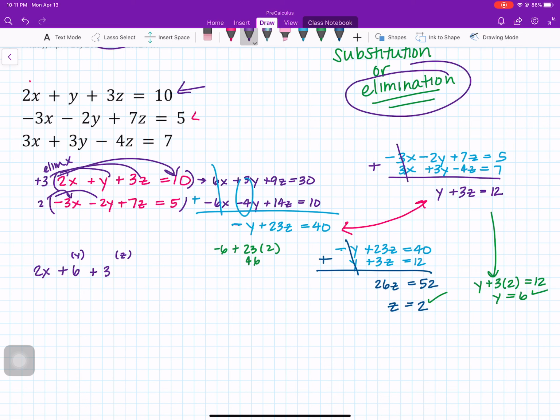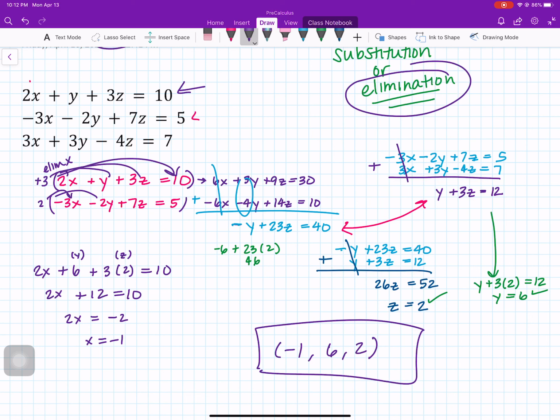Z is 2, which equals 10. This is 2x plus 12 equals 10. So 2x equals negative 2, so x equals negative 1. So your point in your three-dimensional system would be the point negative 1, 6, 2.